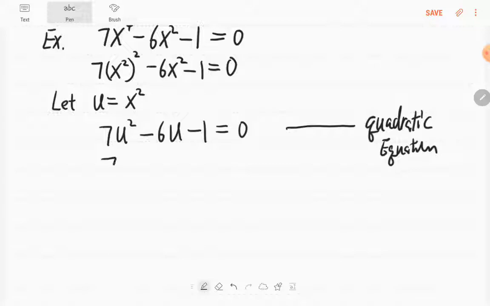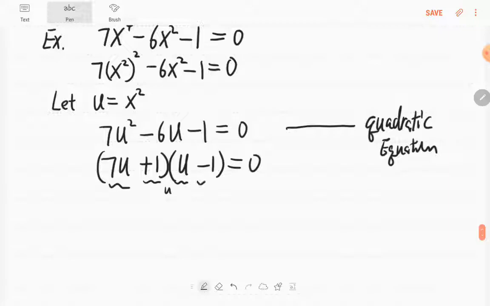So you can factorize it as 7u plus 1 times u minus 1 equals 0. You can check: this is plus 1 times u, and 7u times negative 1 becomes negative 7u. If you add them together, u plus negative 7u becomes negative 6u. So this is correct.